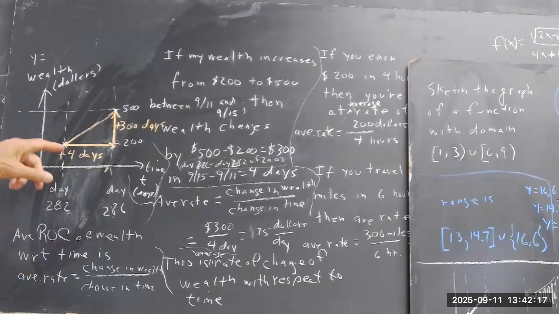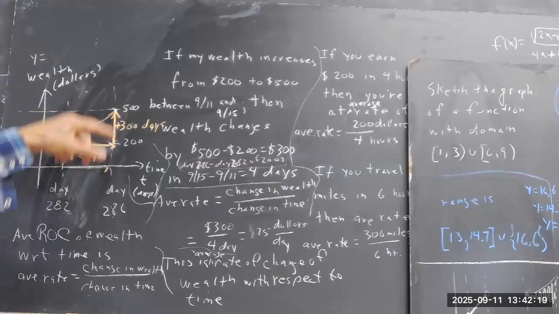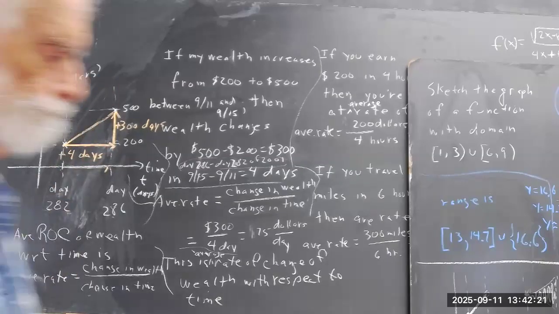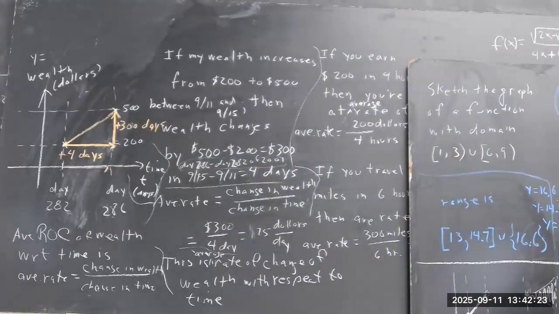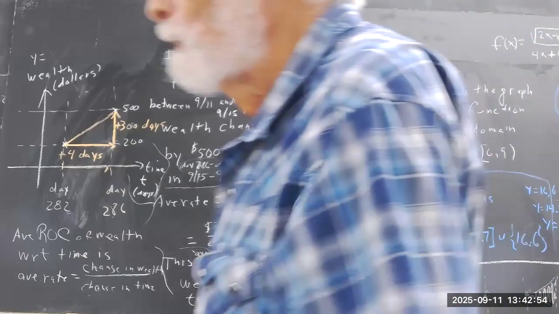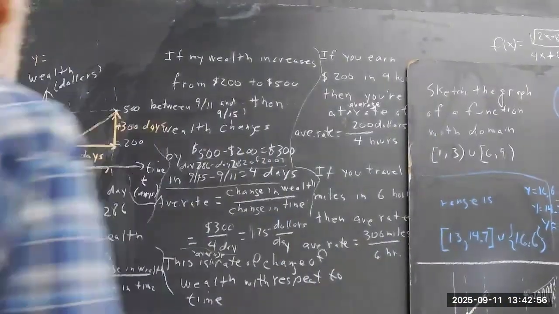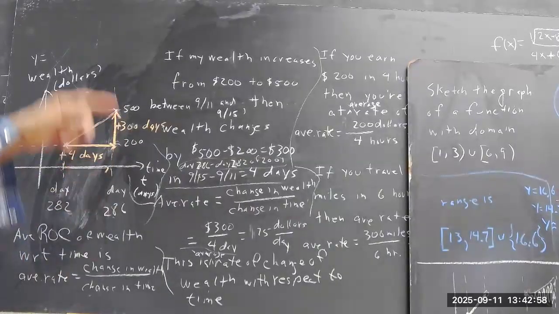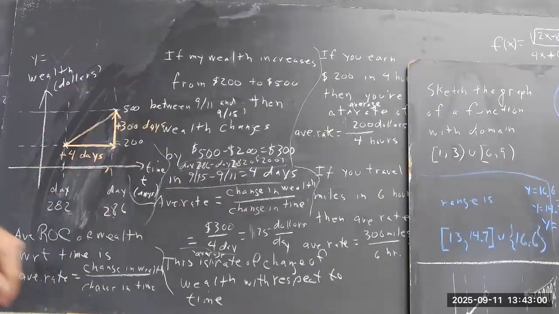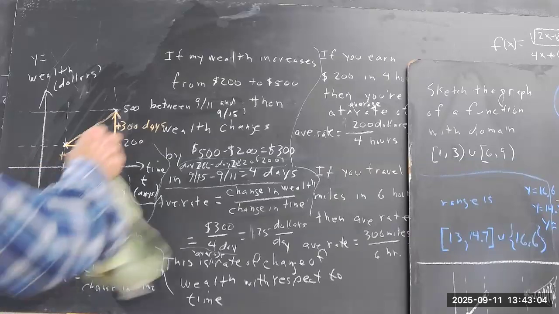Now, as I go from here to here along these arrows, can you tell me what's the rise and what's the run? Okay, so I got a good answer. Rise is the 300, the run is the 4. Actually, rise is 300 days. It's not 300 days. What's the matter with you people?